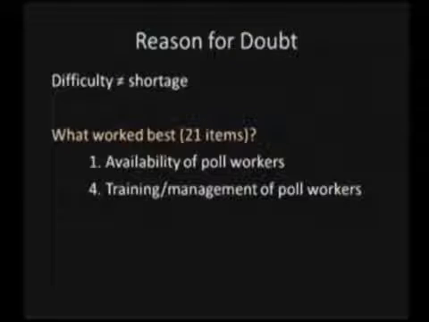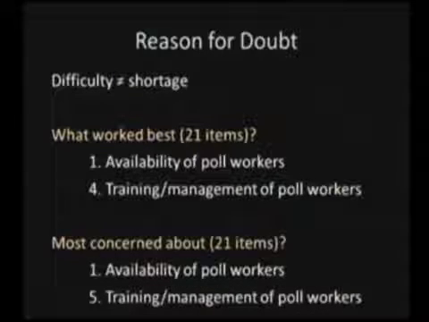The number 4 thing on this list of 21 was that the training and management of those poll workers went well. What things are they most concerned about from the same survey, again the same 21 items? The availability of poll workers. Number 5, training and management of poll workers. So this may be a story that's not uniform across the states.